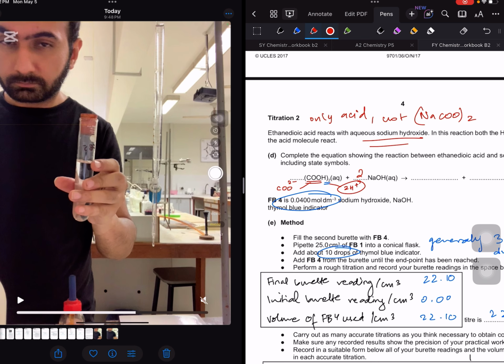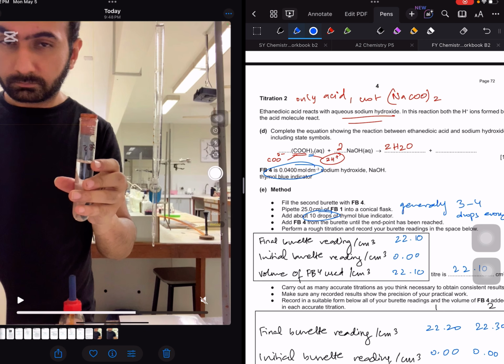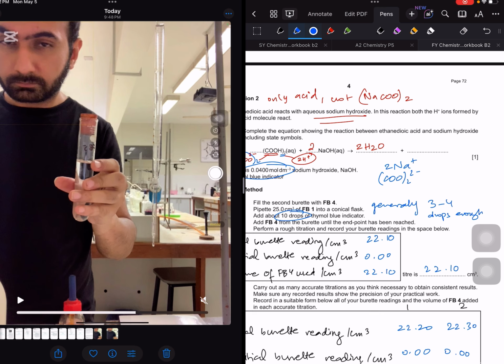And when double alkali and double proton mix together, they give you double water. What are you left with? You are left with double sodium ions. So you're left with 2 sodium ions and you're left with COO 2 minus. Outside the bracket there was a 2, sorry. So your final answer has to be COO, then bracket has a 2 and then Na2.